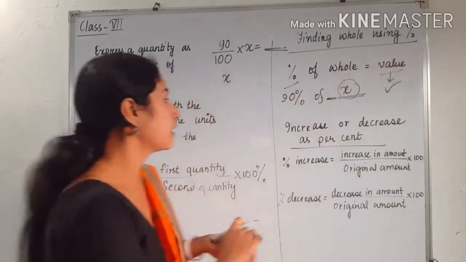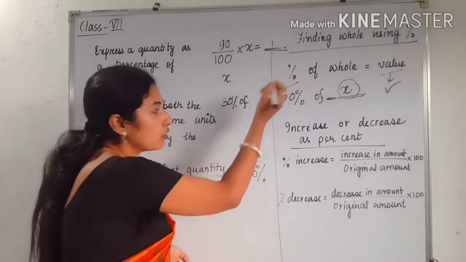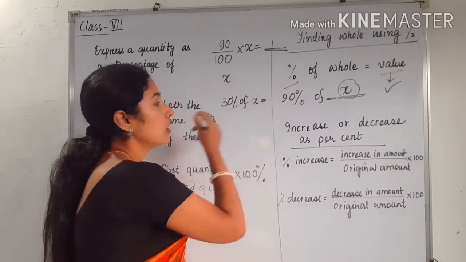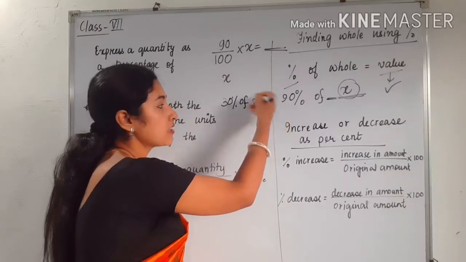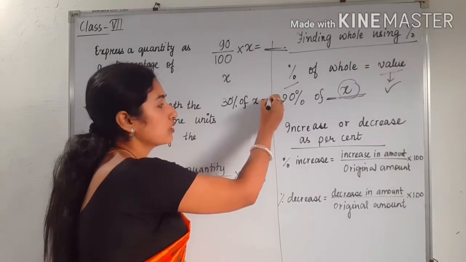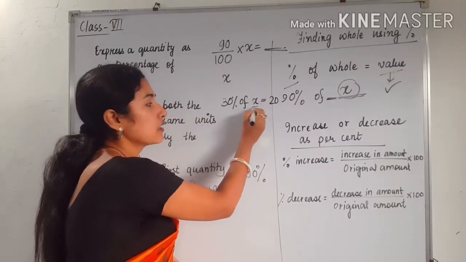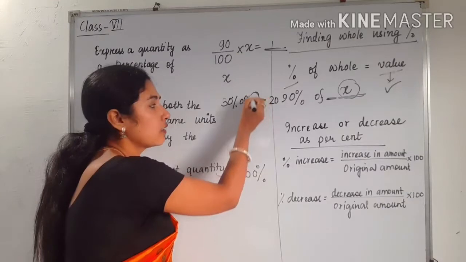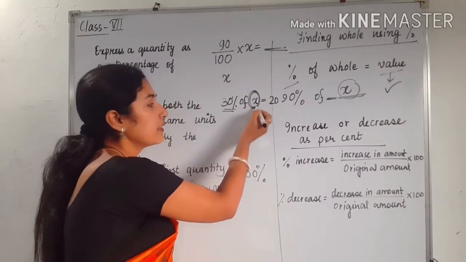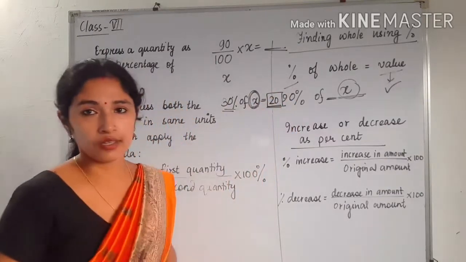Suppose it is written like that: 30% of the whole, the total strength of the class that we don't know, is equal to the number of girls, and suppose the number of girls is 20. That means in a class of students, 30% of them are girls, and that is equal to 20 girls.